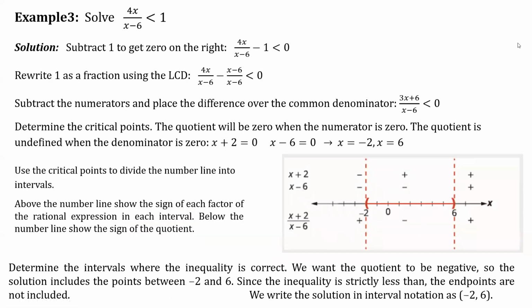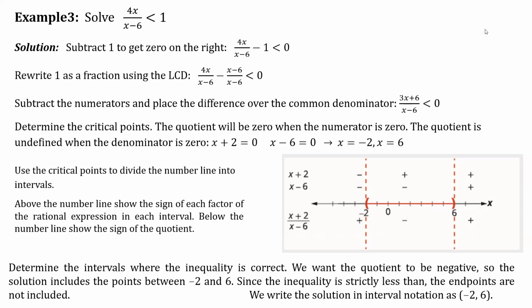So next consider this rational inequality. So subtract 1 to get 0 on the right side. So we move this 1 to the left to get 0 on the right side.